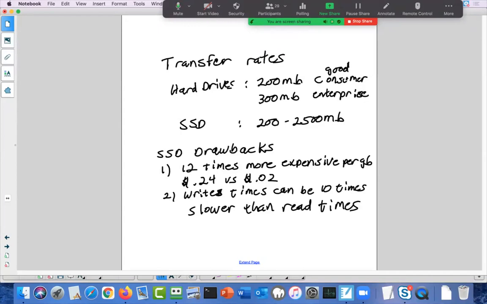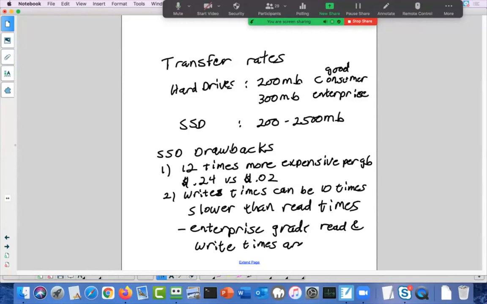Okay, now with enterprise grade, read and write times are comparable. But of course, you pay more for them. The solid state devices in your phones and laptops are not enterprise grade. So your write times will probably be 10 times slower than your read times.